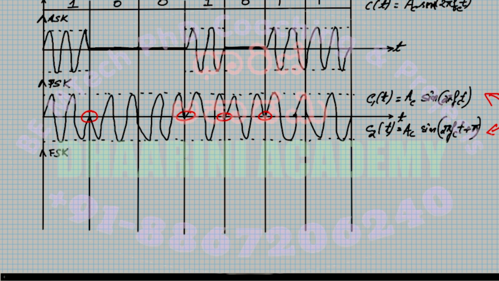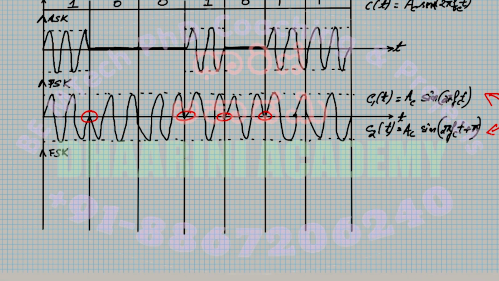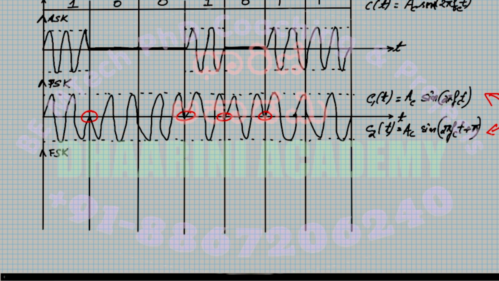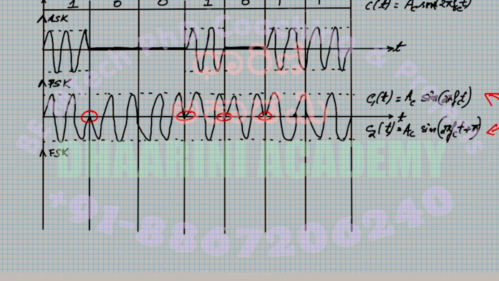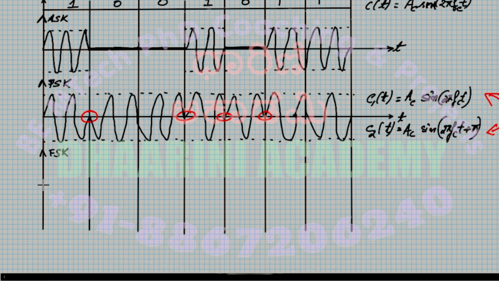So fundamentally, when I say FSK, I am expecting two different frequencies, one for symbol 1 and one for symbol or bit 0. So whenever bit 1 is transmitted, I use a particular frequency. Okay, but when I try to send the other bit, that is maybe bit 0, I have to change the frequency of the waveform to a different value.